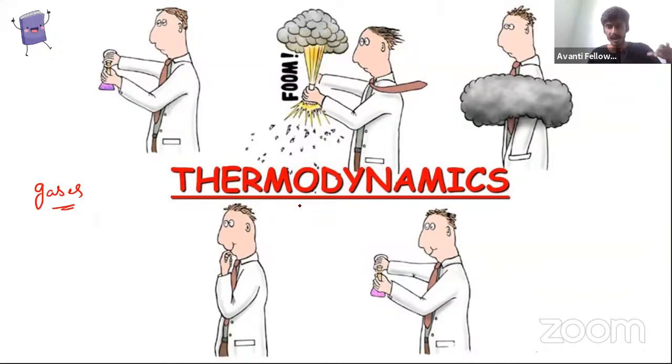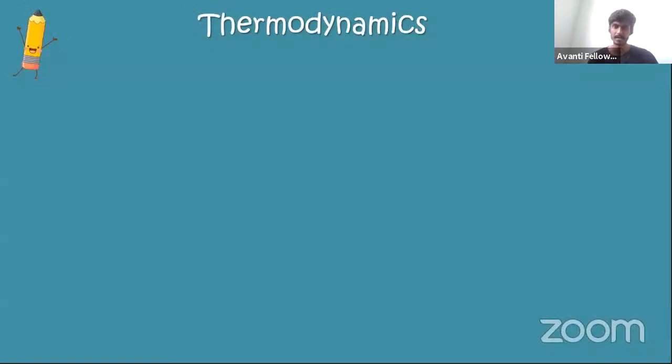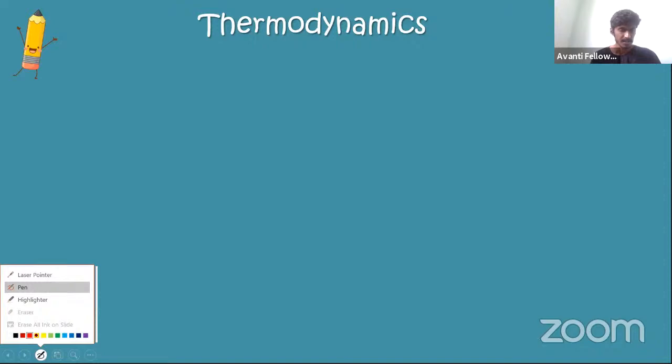Okay. And as the name itself tells you, thermodynamics: dynamics of temperature, dynamics of heat. So in gases, how does the heat flow? That is the purpose of thermodynamics. If you know how the heat flows in gases, that is all there is to learn from this whole chapter. So remember, in thermodynamics we'll be talking about gases and how heat moves from one point to another point of the gases.